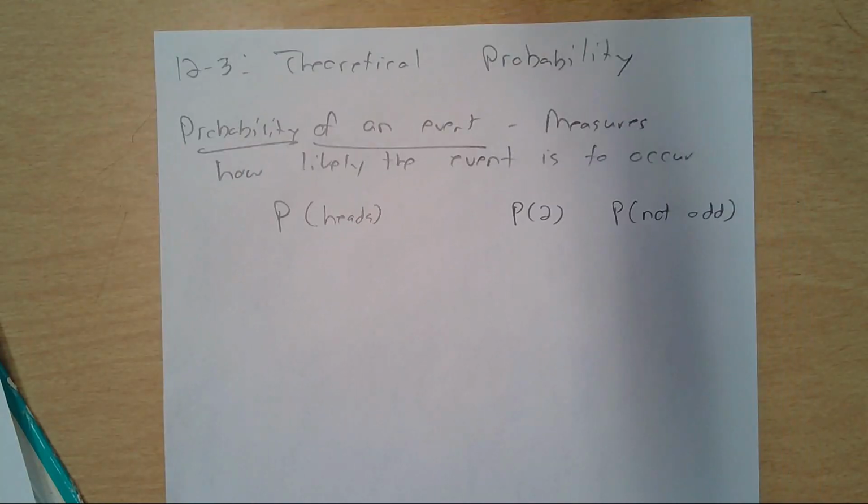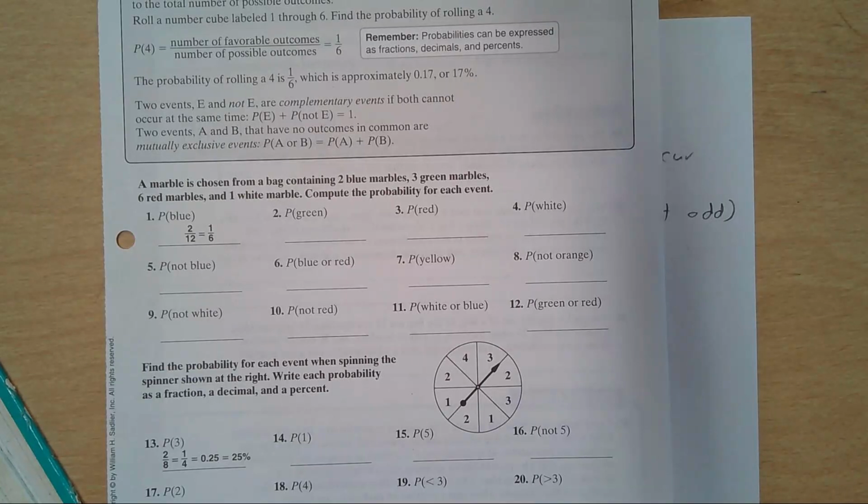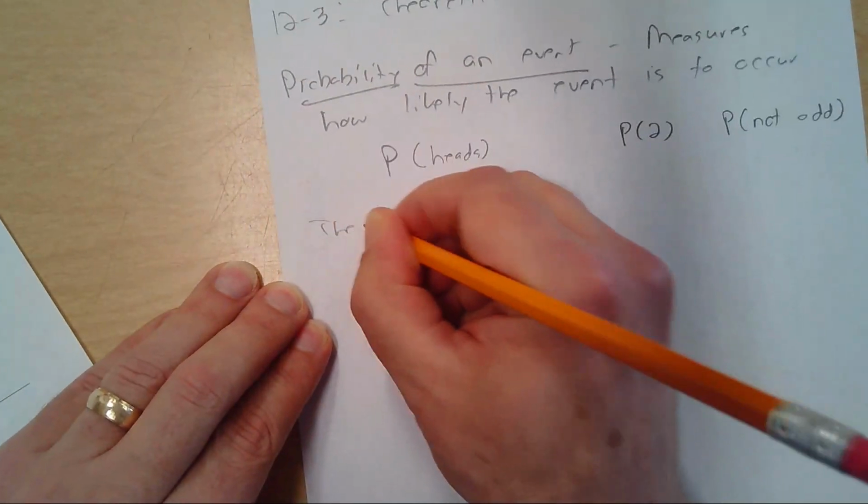But this is how theoretical probability is generally represented. Experimental probability will look a little different here. So, theoretical probability.